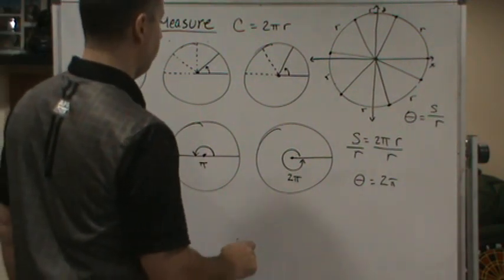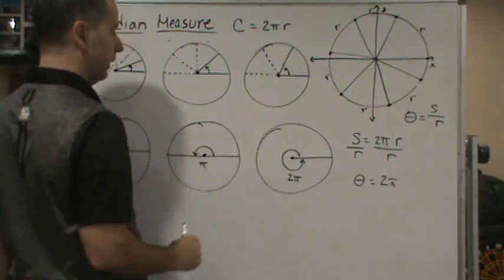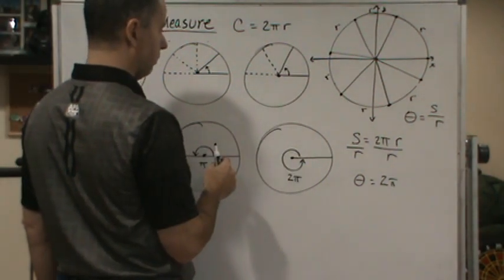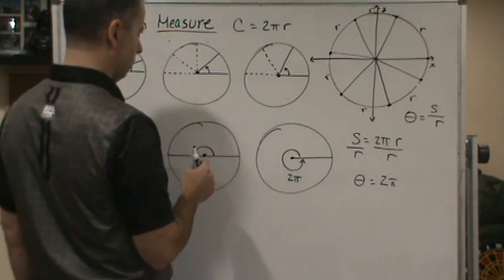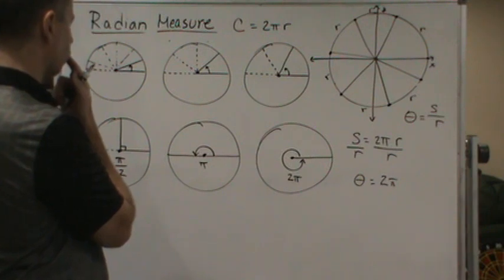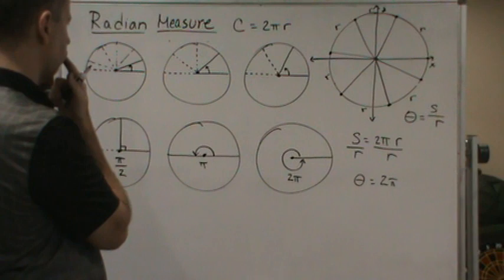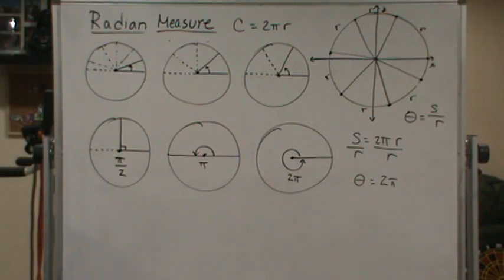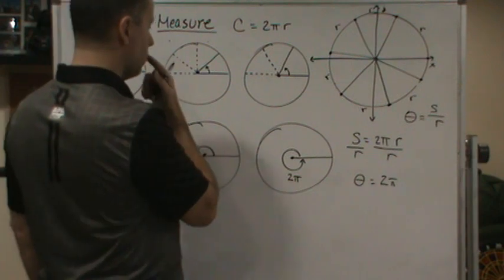Now if we go to a third of a revolution, or excuse me, oh no, this would be 1/6.